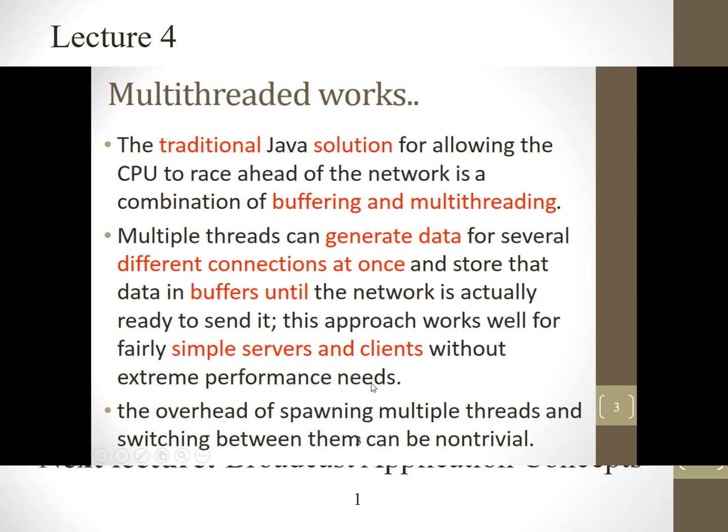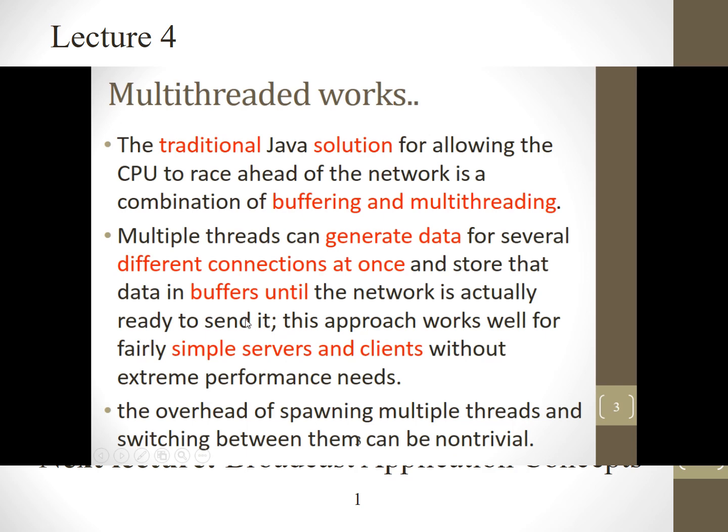So this point is very important here. It says that the application we will be developing will be working by storing the data in buffers until the network will read or send the data.